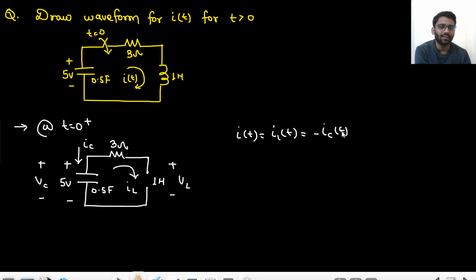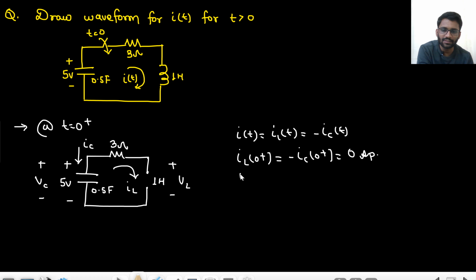Just expression I am writing. I don't know if I will be using it or not, just to give you a brief overview. What will be my IL0 plus? That will be equals to my IC0 plus. That is 0 ampere, right? Because initially it is having no current. What is my VC0 plus?